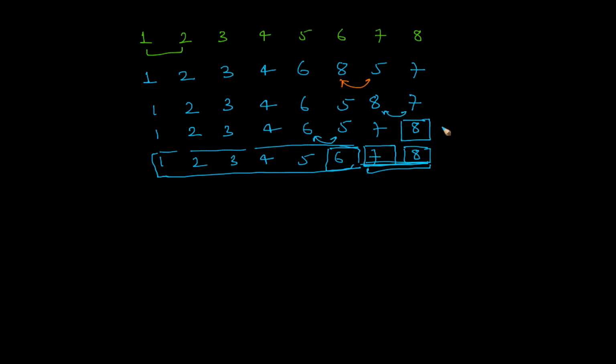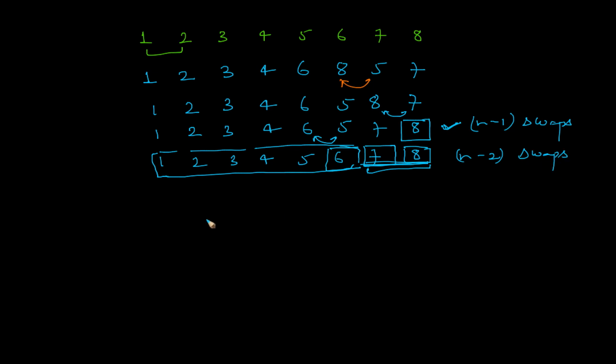Like for the first, when 8 was settled, n minus 1 swaps overall were happening, right? So n elements are there and we are comparing adjacent ones, so n minus 1 swaps. But when the second element from the rightmost is settled, then n minus 2 swaps were happening, right? And then similarly n minus 3 swaps will happen.